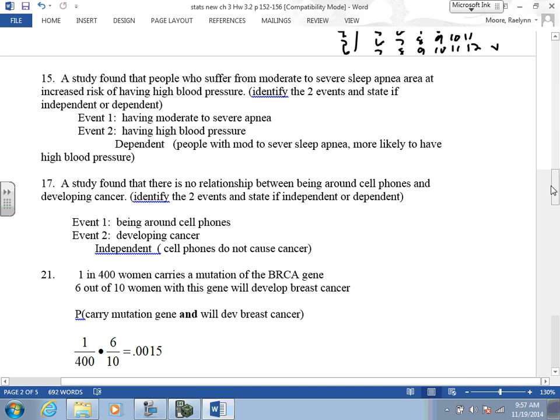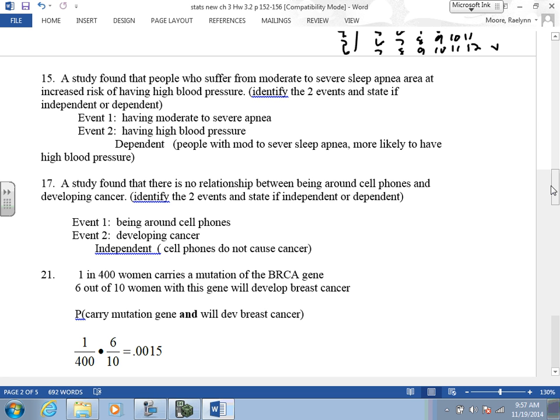A study found that people who suffer from moderate to severe sleep apnea are at increased risk of having high blood pressure. Your 2 events, and whether they're independent of each other, when we start, we just name the 2. Having moderate to severe apnea and having high blood pressure. Those are the 2 events.